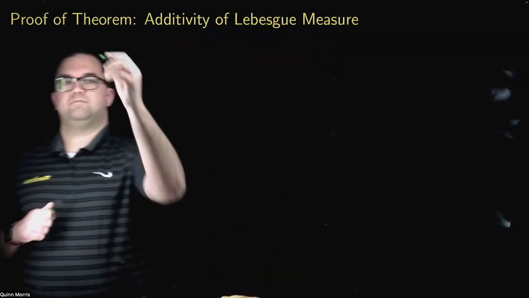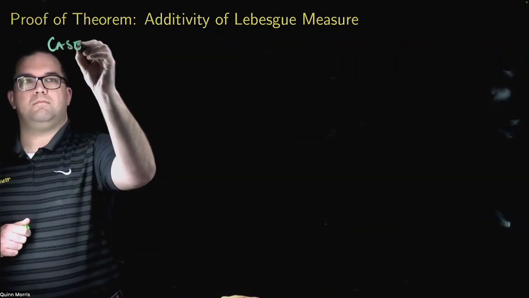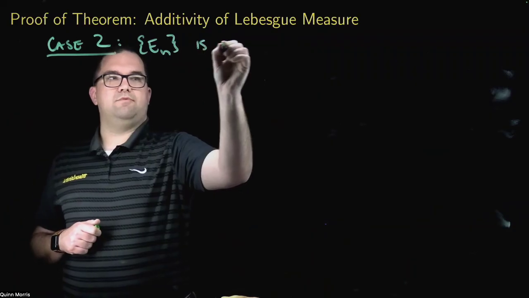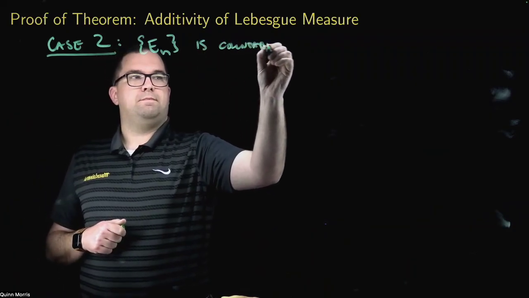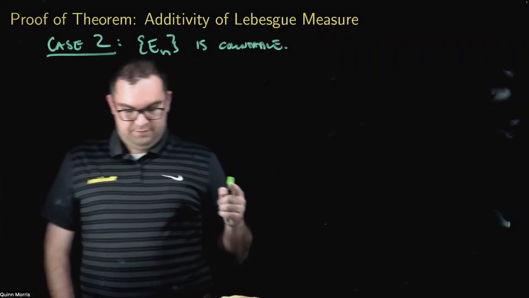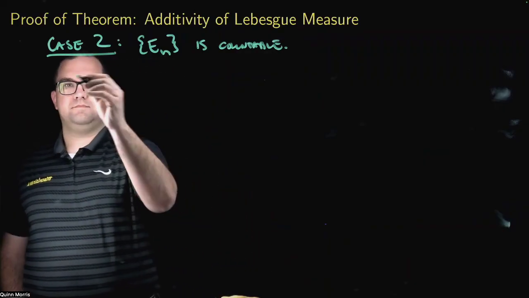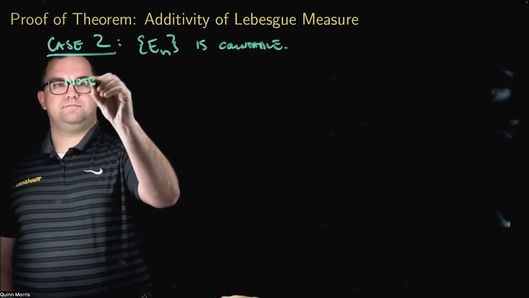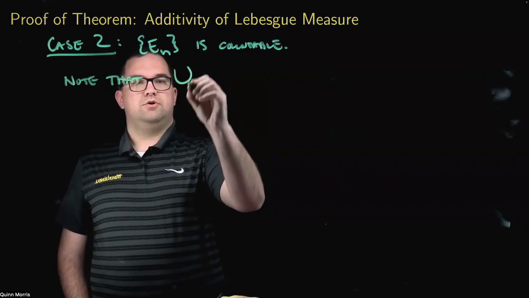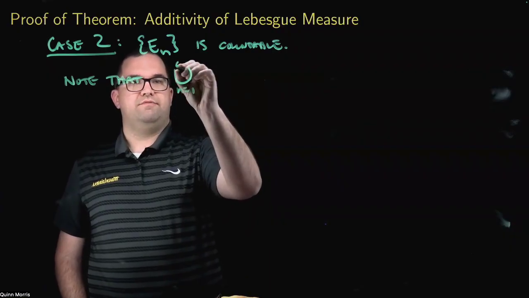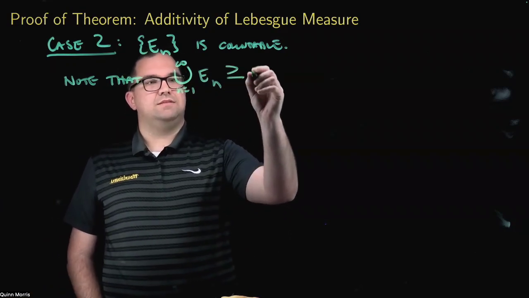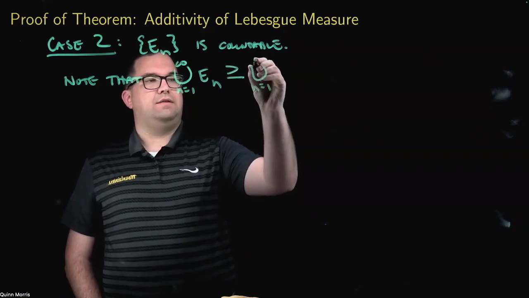So on to case two. So this is countable. All right. Well, notice that I want to think about this union now, n equals 1 up to infinity of En. But notice that this contains any finite union, right?